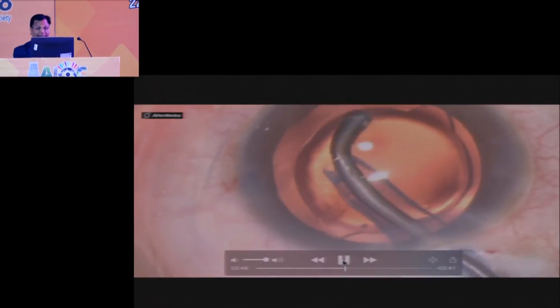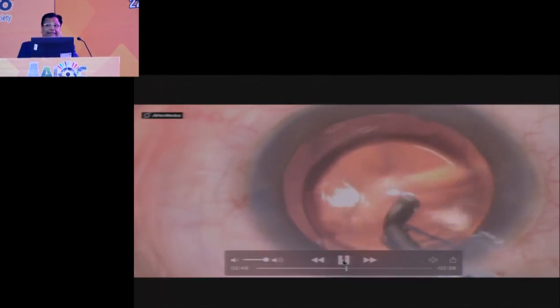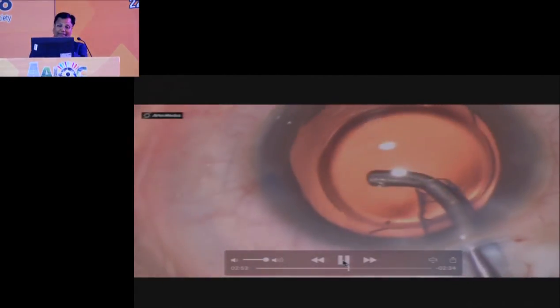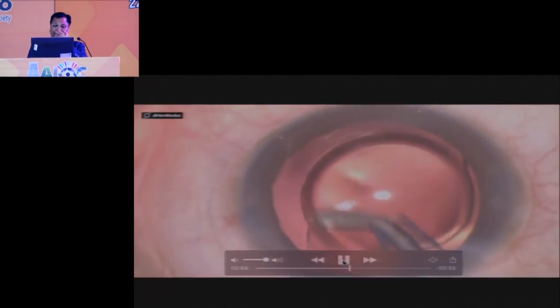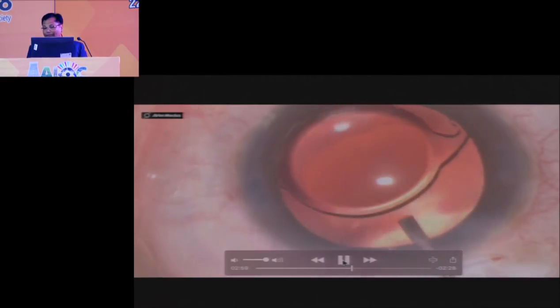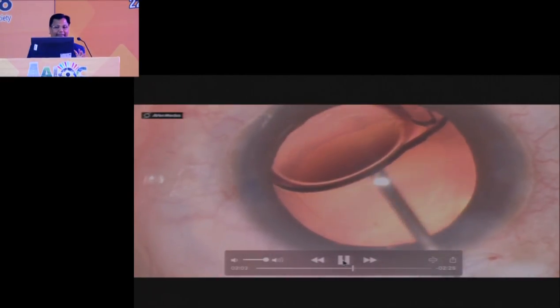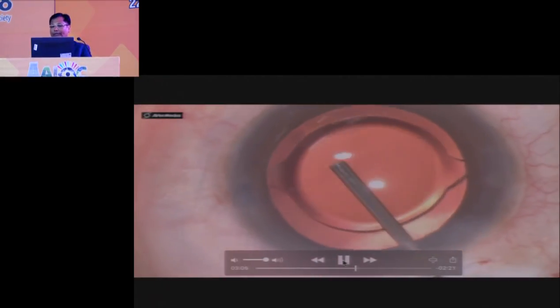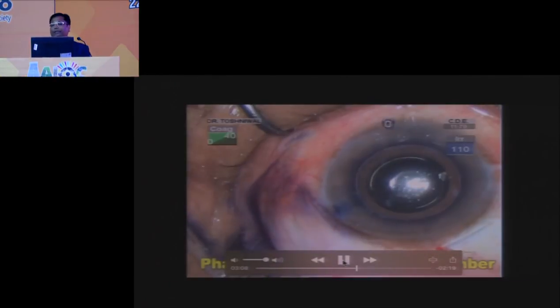That's the variation of chamber depth you have to look at when you do phaco surgery. I remove it, placing the tip most of the time touching the lens. You can go behind the lens.